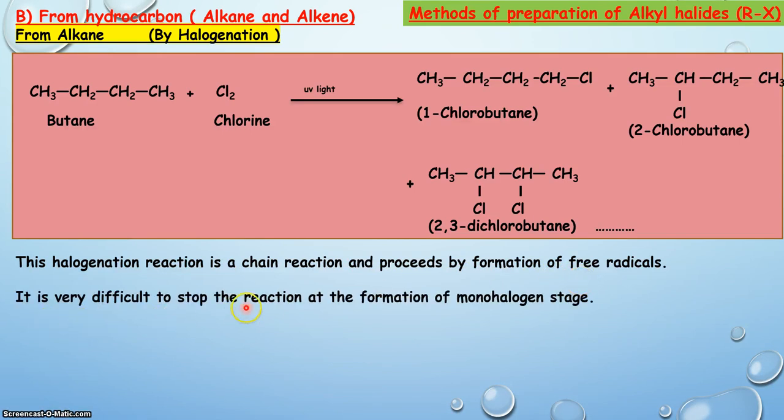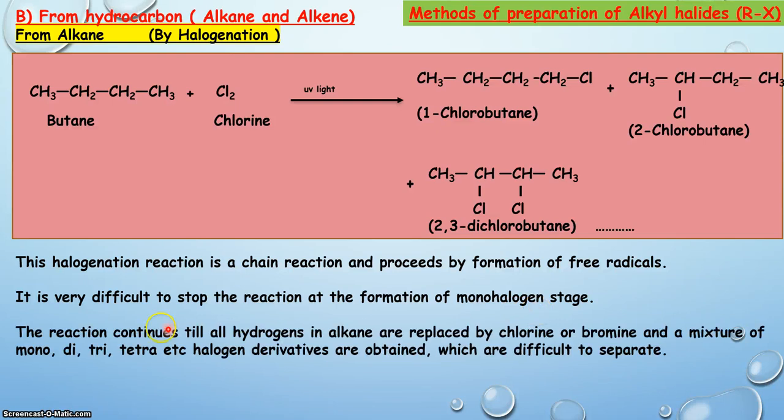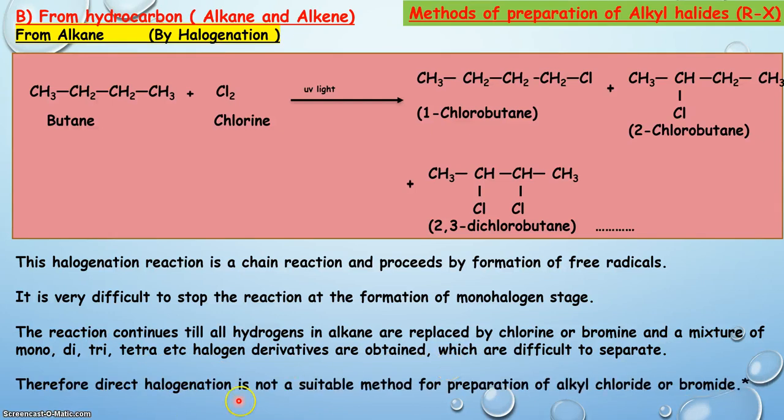It is very difficult to stop the reaction at the monohalogen stage. The reaction continues till all hydrogens in alkane are replaced by chlorine or bromine and a mixture of mono, di, tri, tetra, etc. halogen derivatives is obtained, which are difficult to separate. Therefore, direct halogenation is not a suitable method for preparation of alkyl chloride or bromide.